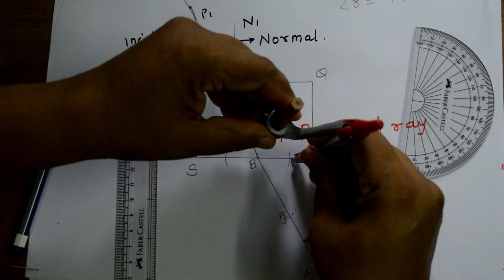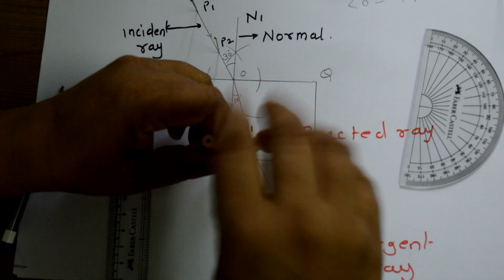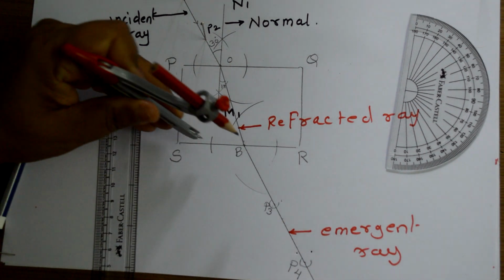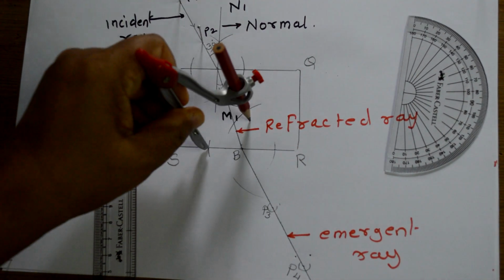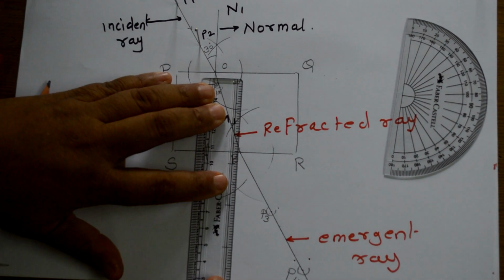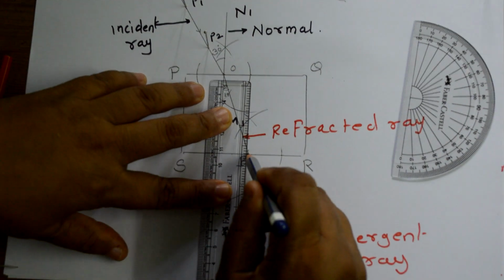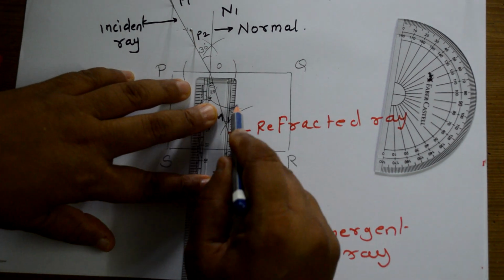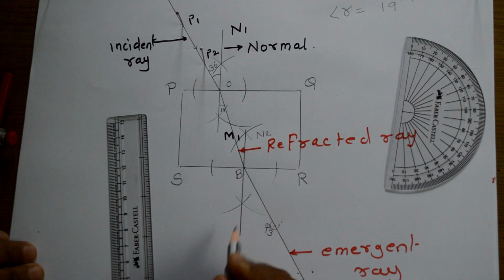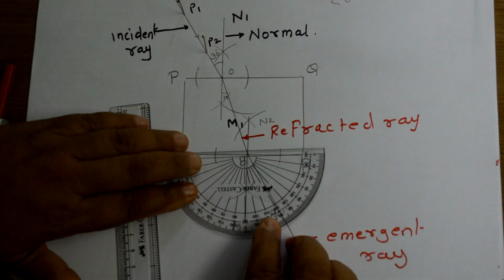Keep your compass pointer at one of the arc. Take more than half. We draw arcs below line SR and above line SR. Similarly, this side, and join the arcs which are intersecting. This will be normal N2 at point B. Let me measure the angle here.